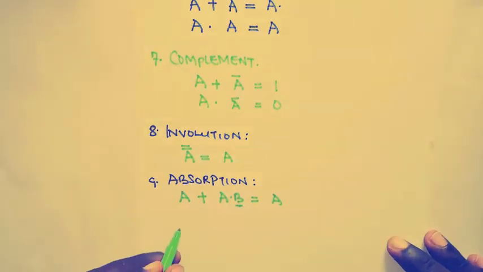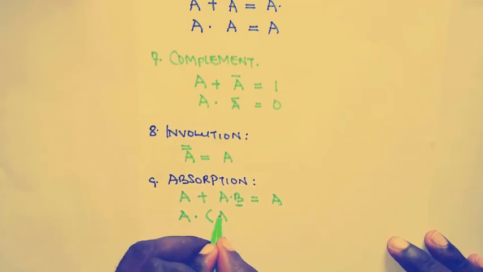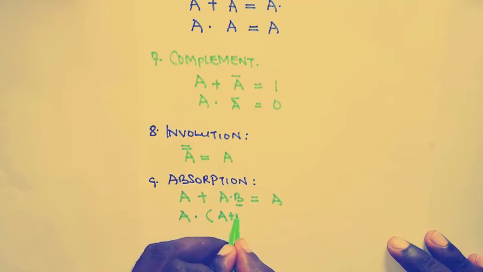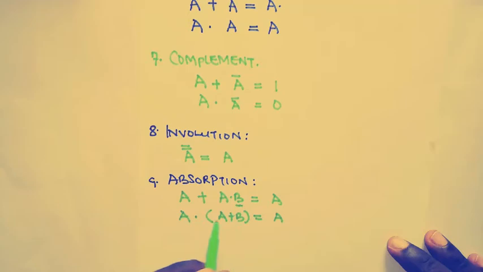In the same way, you have A dot (A plus B) is going to still give you A. Please note this very well. It is called the absorption law.